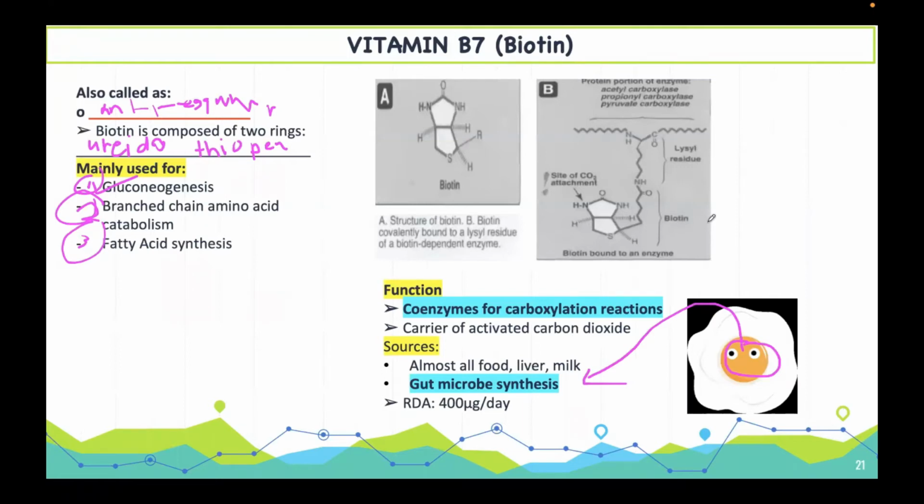Ibig sabihin, meron pong mga bacteria sa ating gut, dito ba, sa ating digestive system that can generate or that can produce a great amount of your biotin. Okay, yun yung kanyang unique characteristic, si vitamin B7. It can come from gut microbe synthesis, meaning yung mga bacteria sa loob ng ating GIT tract, pwede po silang mag-generate or can synthesize vitamin B7.